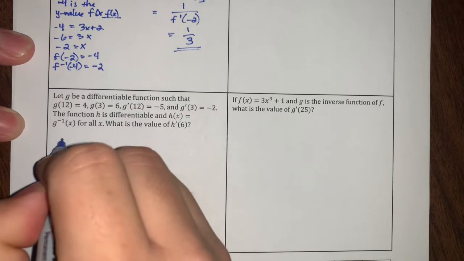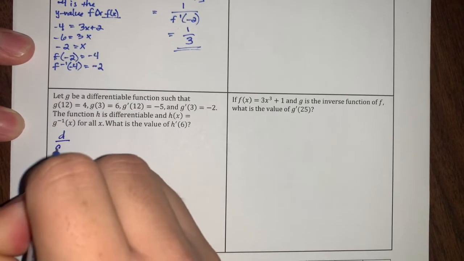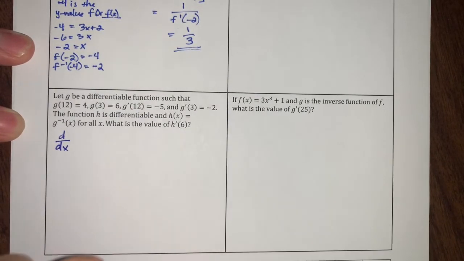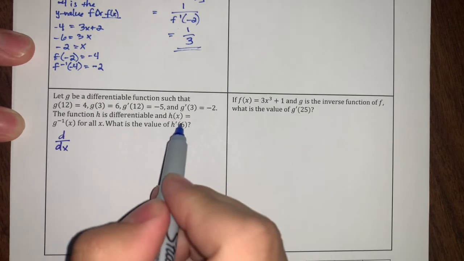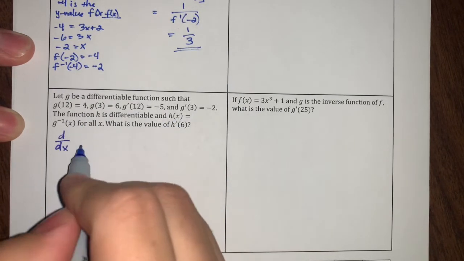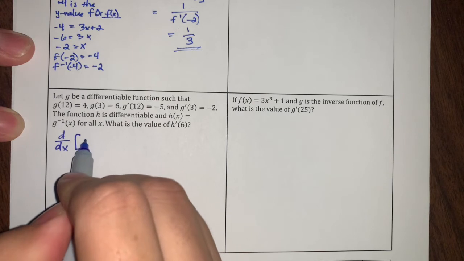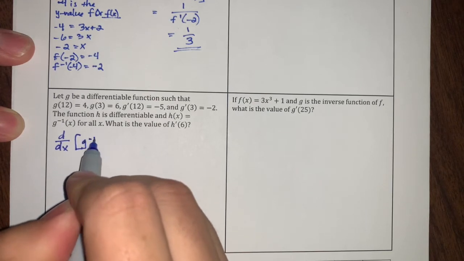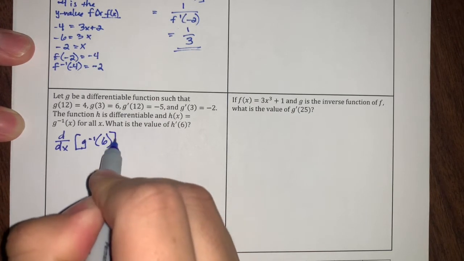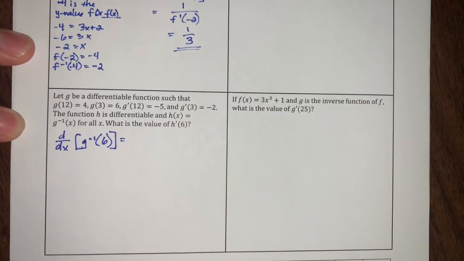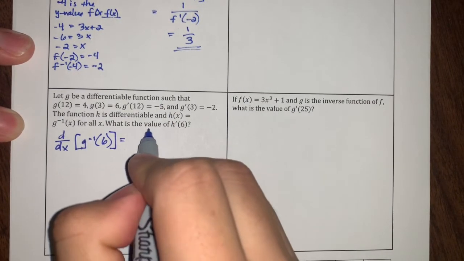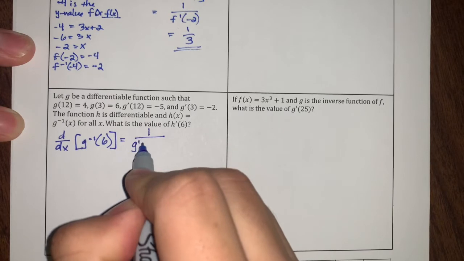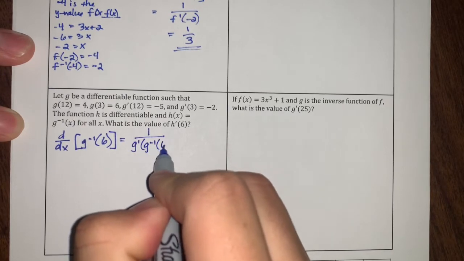So over here, if we want to take the derivative of h at 6, well, they already define h as being the inverse of g. So really what we're trying to do is figure out the derivative with respect to x of g inverse of 6. And again, it's just a matter of remembering to set up your formula. So you're going to have 1 over g prime of g inverse of 6.